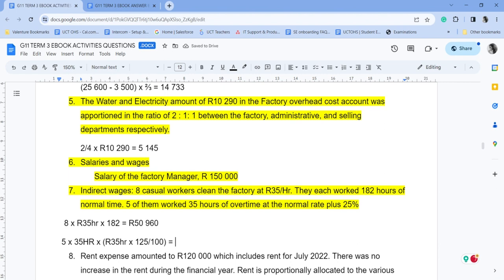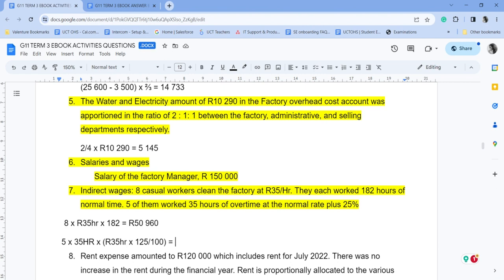So if you say 5 times 35 times 35 hours, and then you get 175, then you can say times 35 times 1.25. We should be able to get, let me double check my answer to be sure.